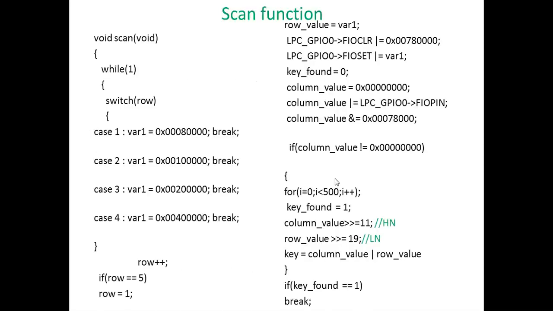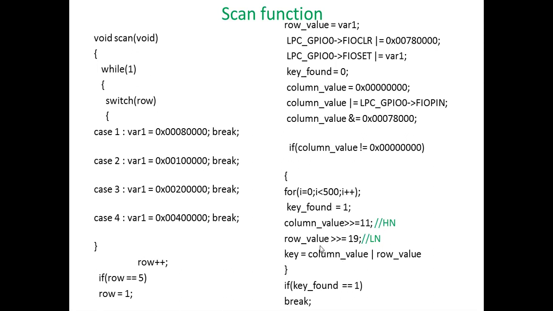In that case, after a small span of delay, the key found flag is set, so that indicates the key is found. And the next stage is to identify which key it is, so we are going to frame the higher nibble and the lower nibble from the column value and the row value. Here the row value is already read by the variable 1, which means it corresponds to the first row.